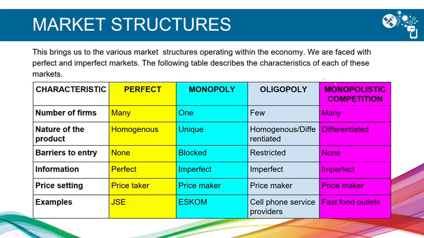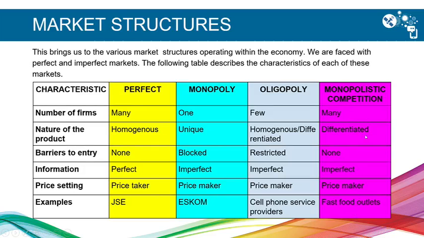So we see there's a lot of similarities between your perfect market and monopolistic competition, but there's also similarities between your monopoly and your monopolistic competition. Right? And I said here, the example is the fast food outlets.